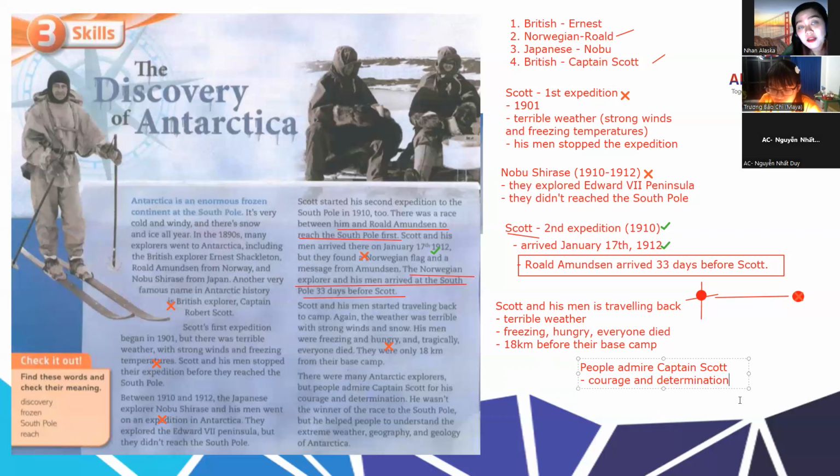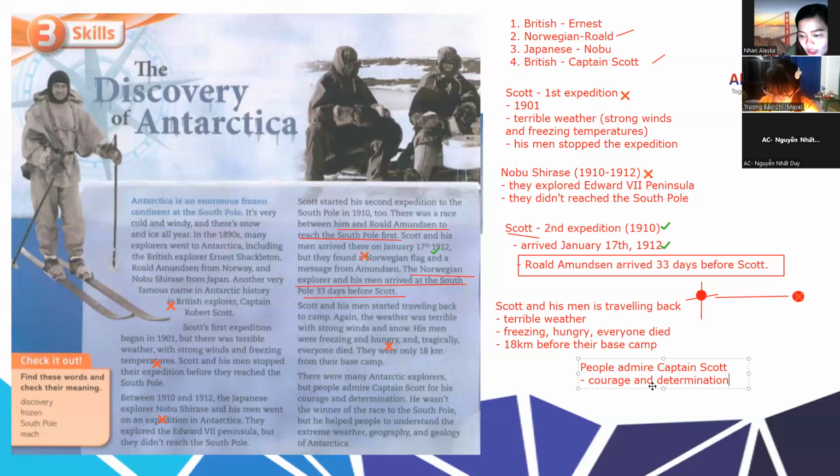Even though there are a lot of hindrances that they encounter, the weather is bad, they are very hungry, and of course, let's expect they are very tired, because if the weather is very cold, it's very uncomfortable. They are very tired, but they didn't stop, meaning they are determined to finish the race.